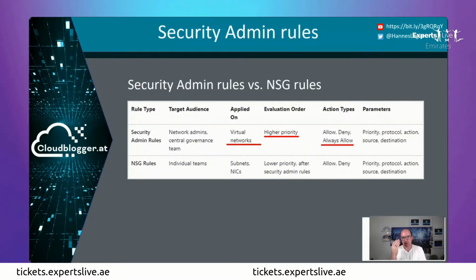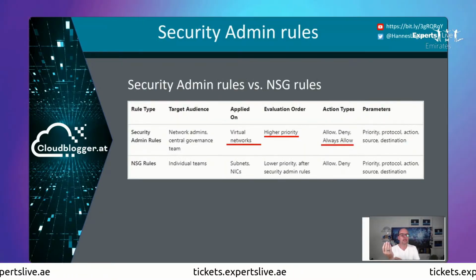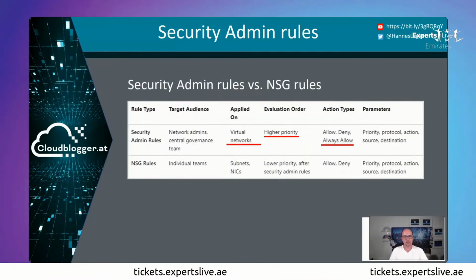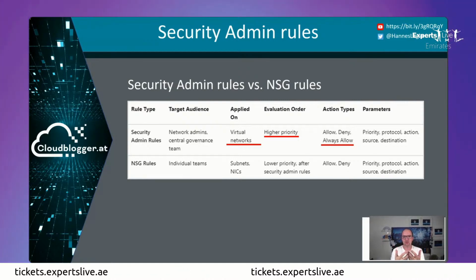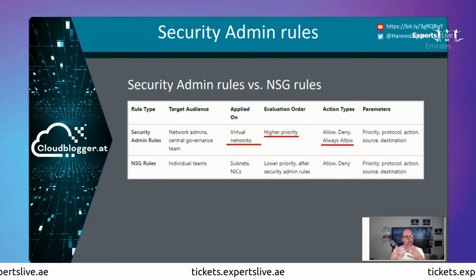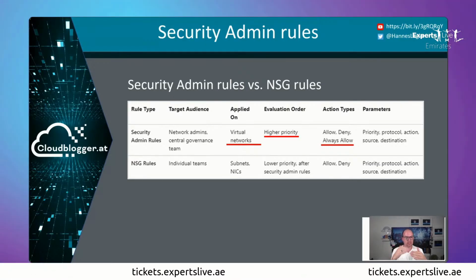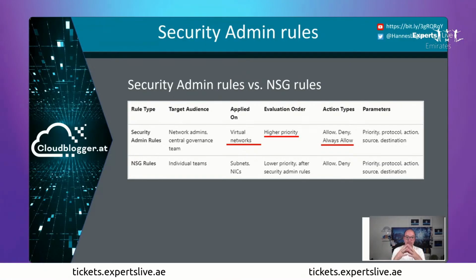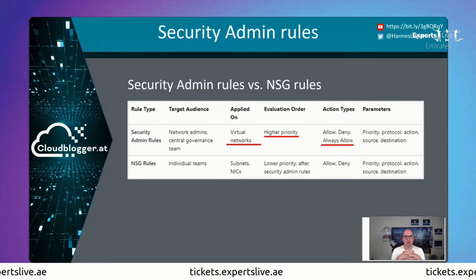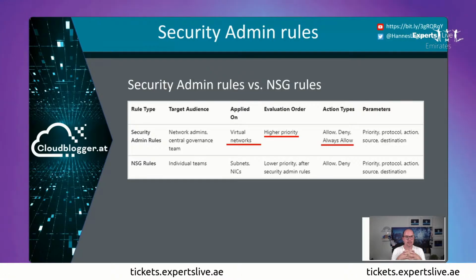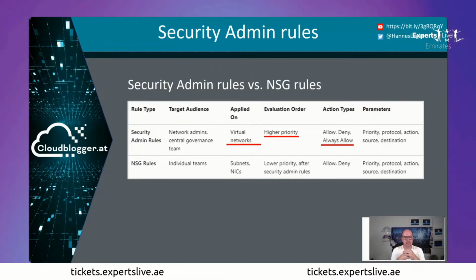So let's think about traditional network security groups. Network security groups are normally assigned to a subnet. So you have your subnet, your network interface maybe, and you can assign network security groups to exactly this functionality or to these services.